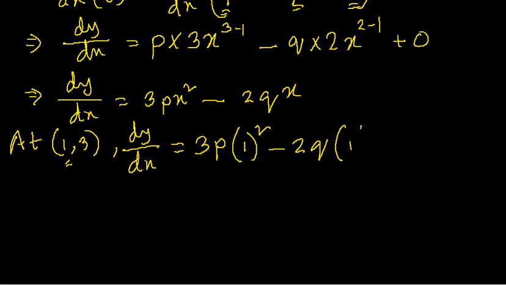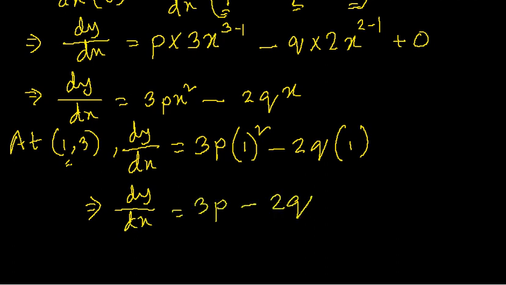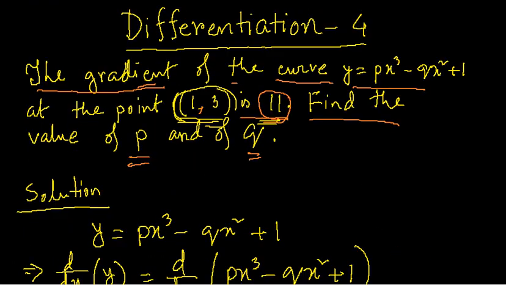So from here we get dy by dx equals 3p minus 2q, and it was given that the gradient of this curve at the point (1, 3) is 11.